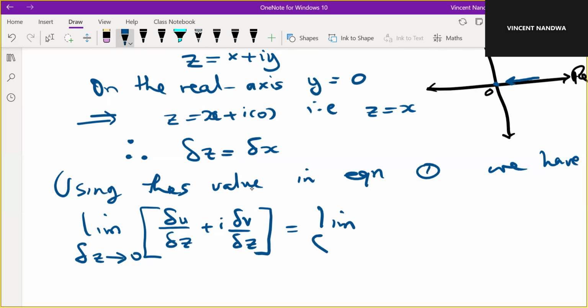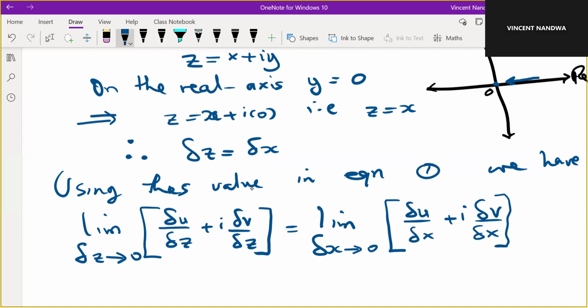So delta x approaching 0 of delta u over delta x plus i delta v over delta x. What we're simply doing is replacing delta z by delta x because of the relationship we have obtained from this point. Maybe call this one 2: delta z is the same as delta x on the real axis.